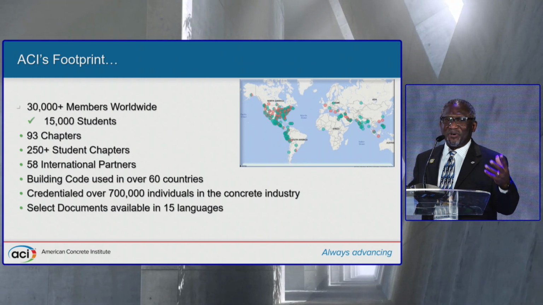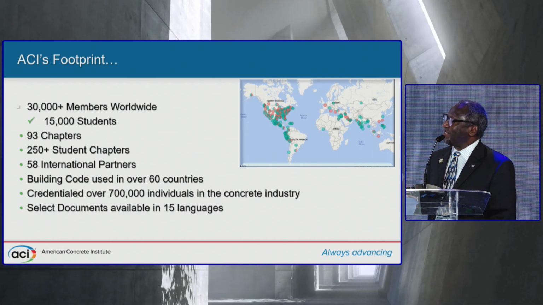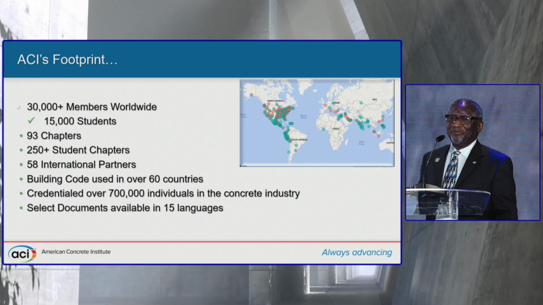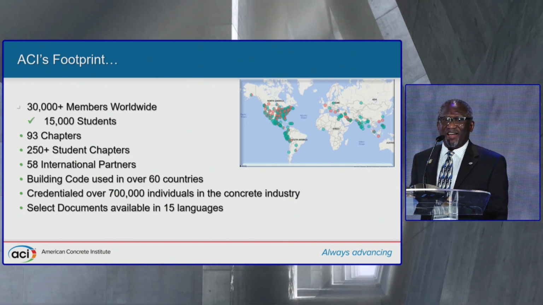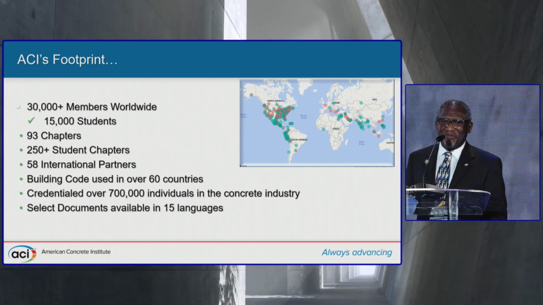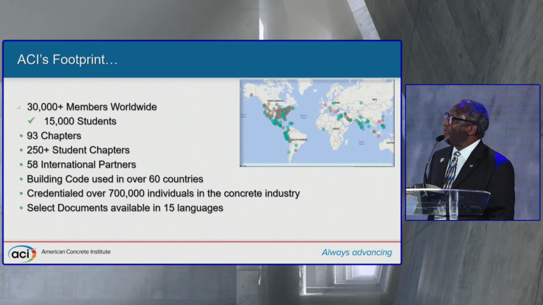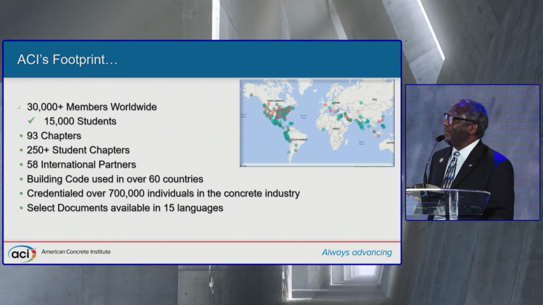That's what we like to have our student chapters do. We have 58 international partners, and obviously IBRACON is one of our international partners. I think one of our very first, if I'm not mistaken here. And the ACI 318 building code is used in over 60 countries.